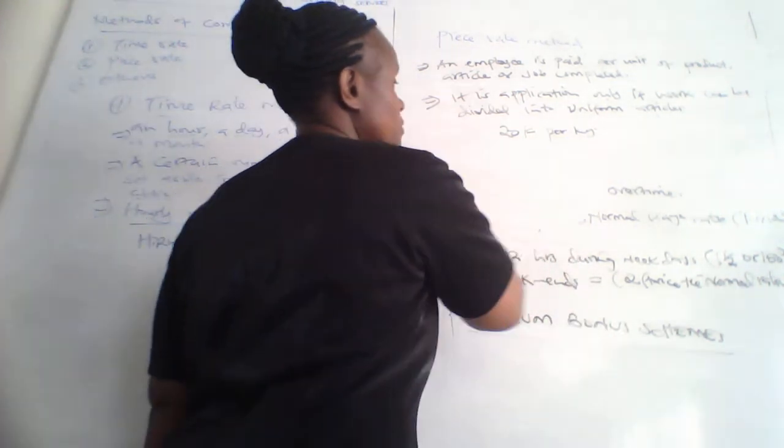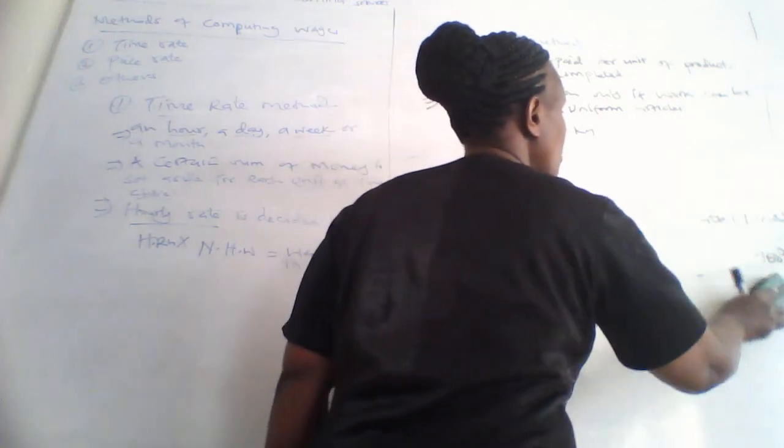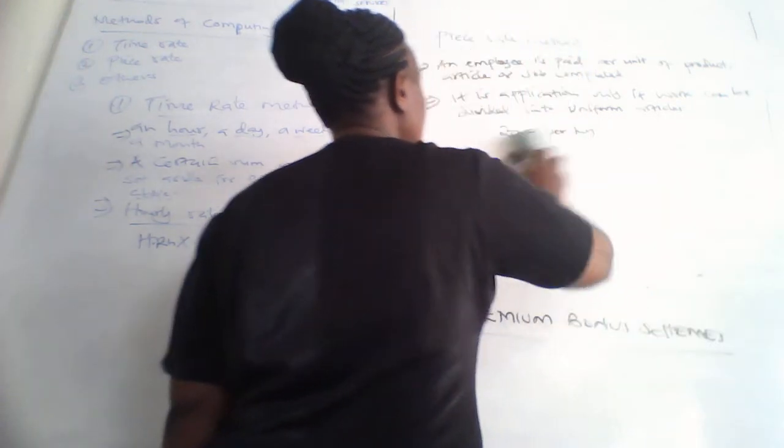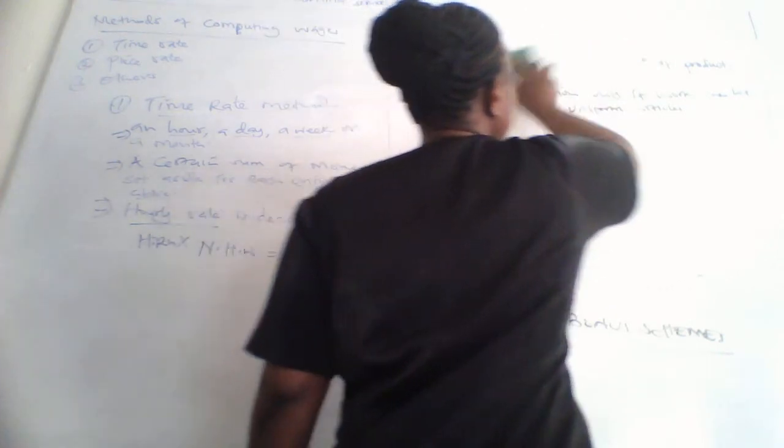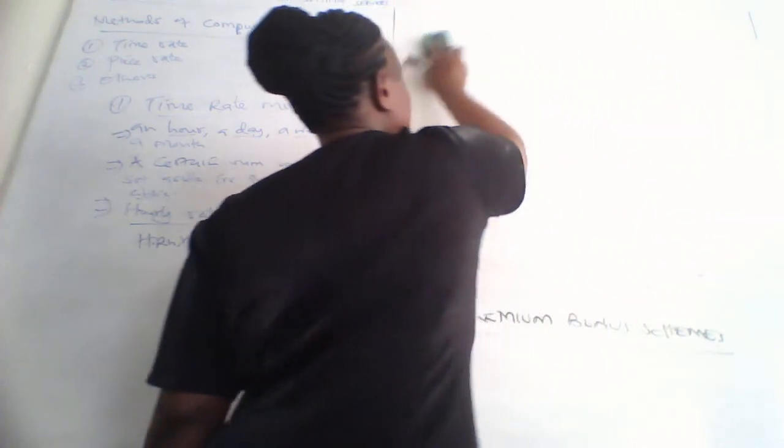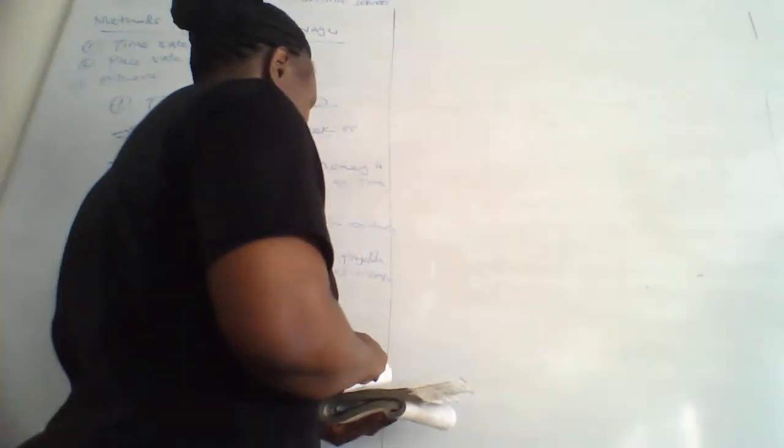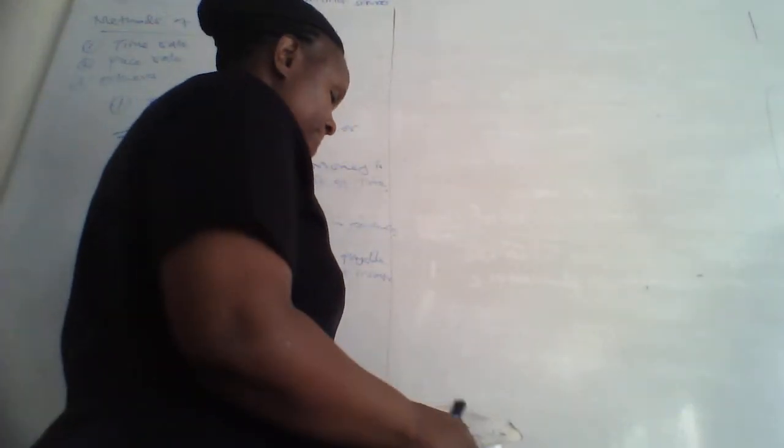Bonus is the extra amount which is paid to workers who do not receive overtime or commission. Mostly the managers, instead of receiving commission, they receive bonus. We have 3 common premium bonuses. We have the Halsey scheme, we have the Halsey waiver, and we have the Rowan one.